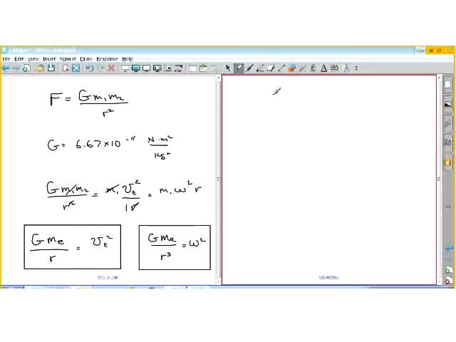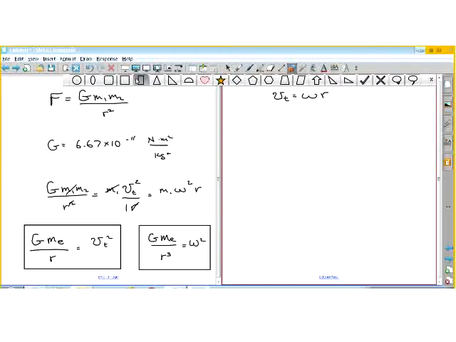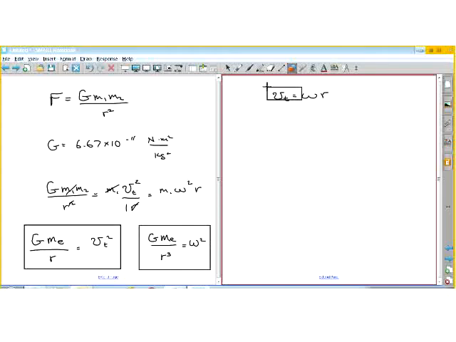And the third relationship you may need is that the tangential velocity is equal to omega, the angular velocity, times the radius, the same r, the distance between the centers. So that's the third equation. You really only need to use two out of the three possibly.